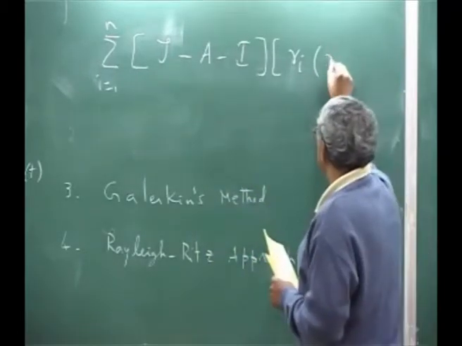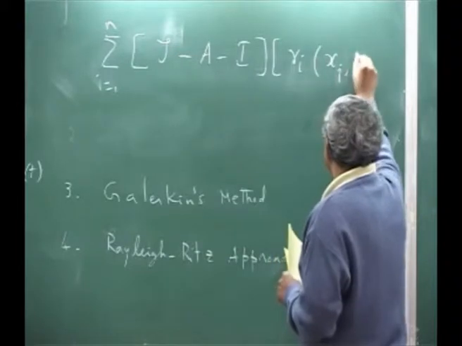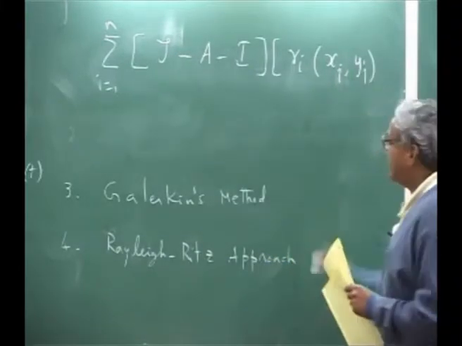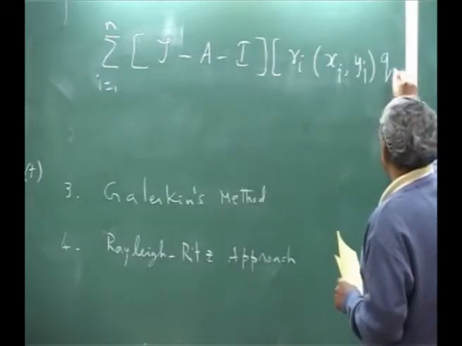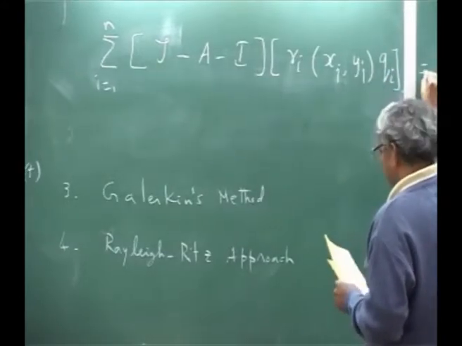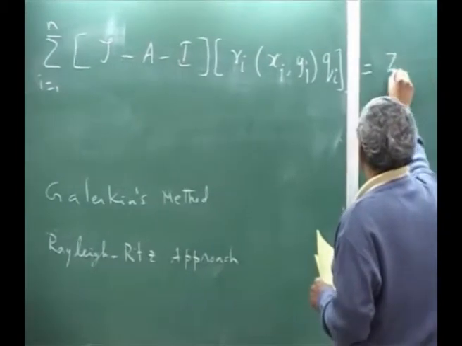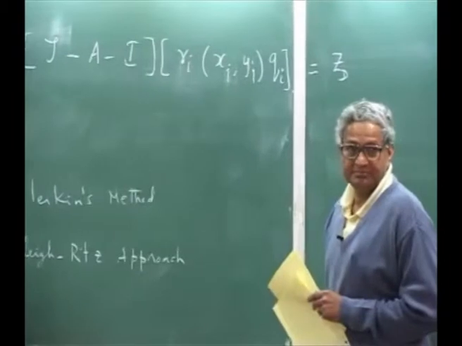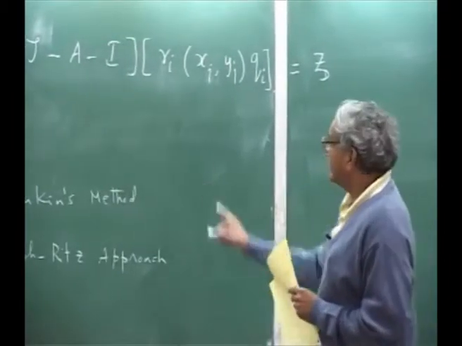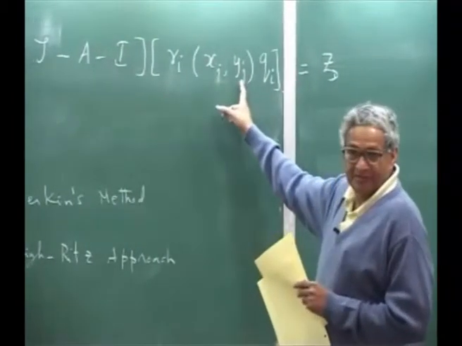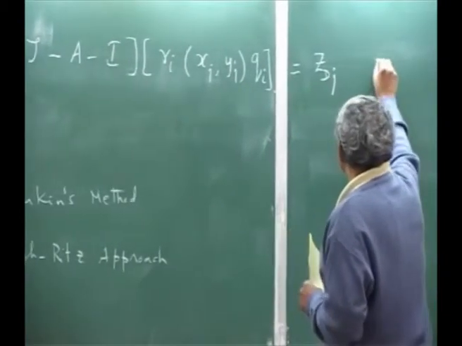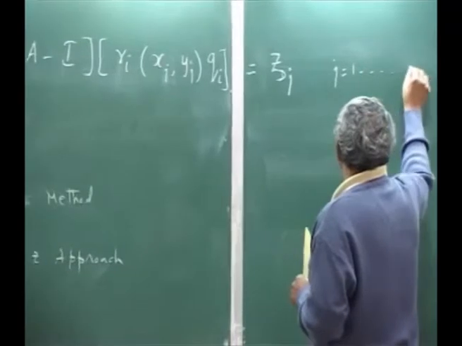So I am going to change the location with the subscript x j, y j, and q i equals Z D, at the location I am looking at, location j. Now j running from 1 to n.